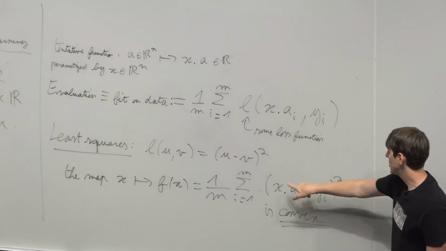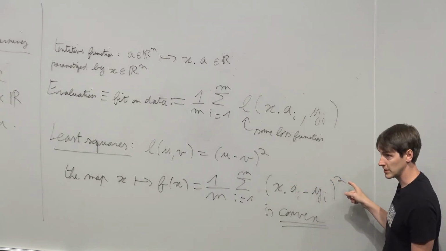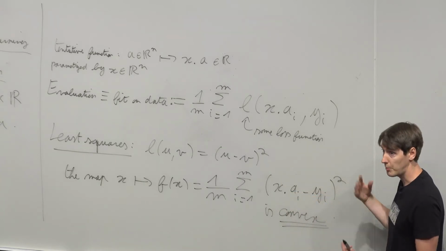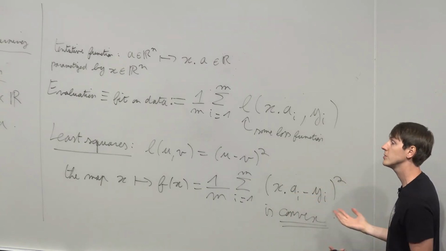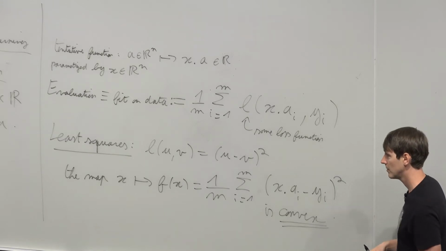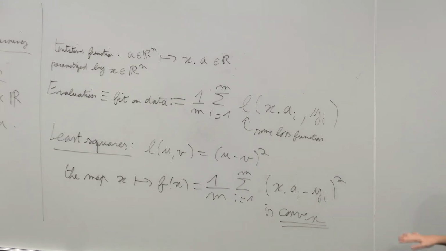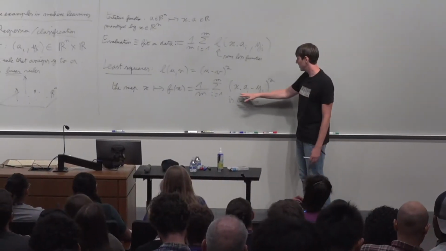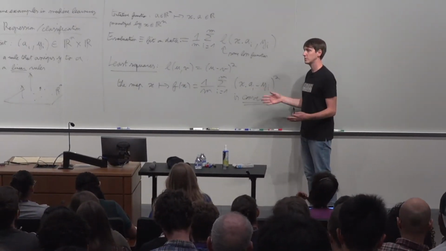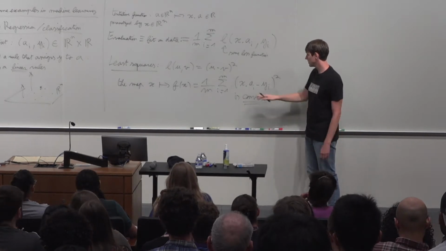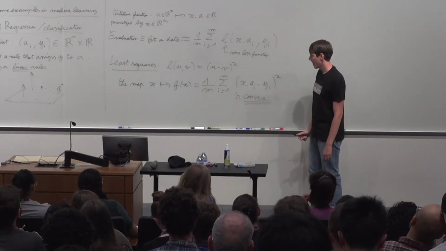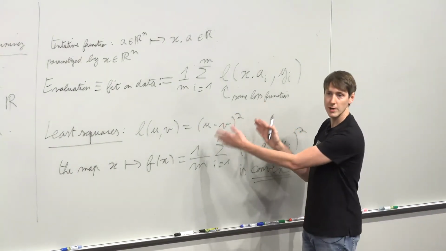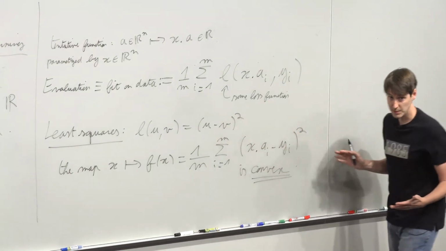Why? Just because t squared is a convex function, and we just apply a convex function to a linear function, and applying a convex function to a linear function results in a convex function. These are very elementary things that I don't want to write, but if you don't know it, just do it as an exercise. Of course, it would also be a convex function if I put absolute value here. Again, I have flexibility there.